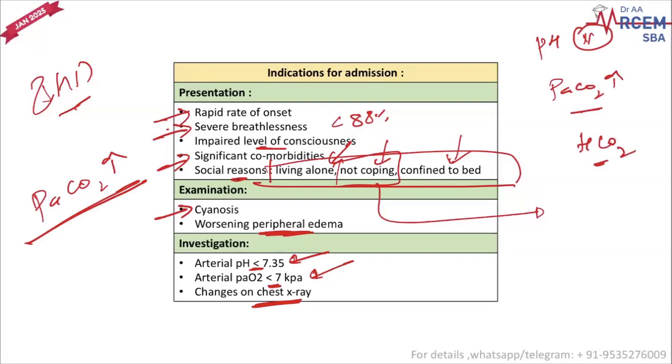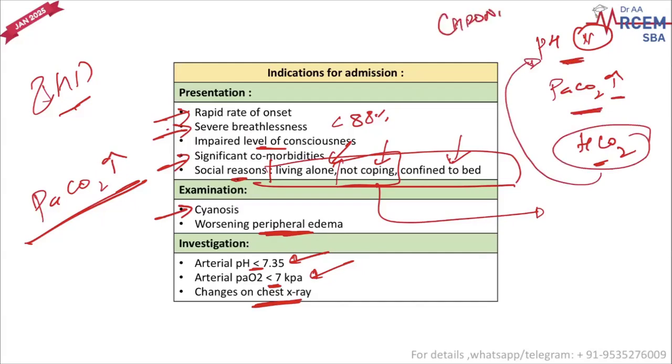This is a chronic type 2 respiratory failure. I'll be talking more about this. So a PaCO2 value on the higher side is not an indication for admission.